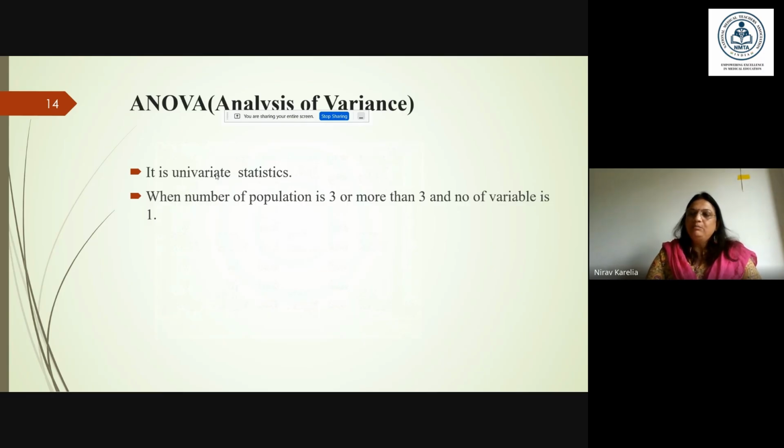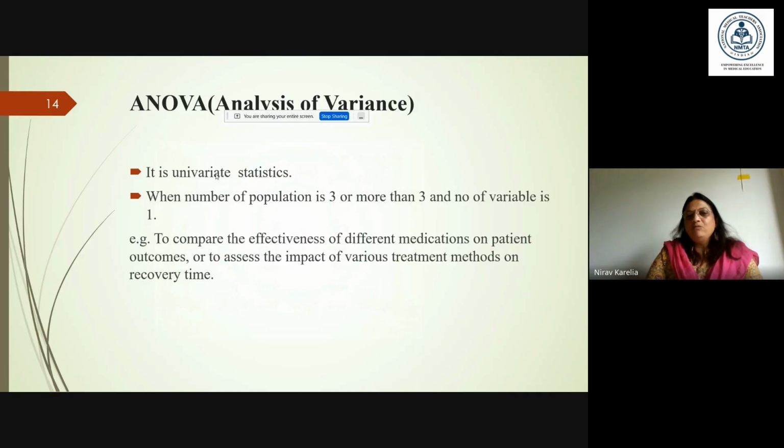Suppose, for example, I want to check the effectiveness of different medications on patients' outcome. What is the impact of various treatment methods on the recovery time? So treatment is my variable, and there are 3 different types, 3 groups.